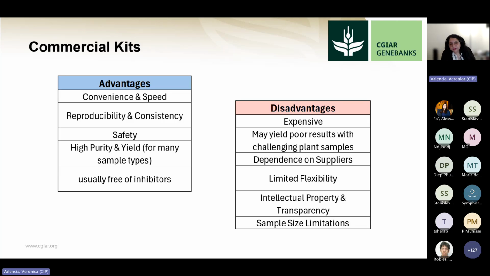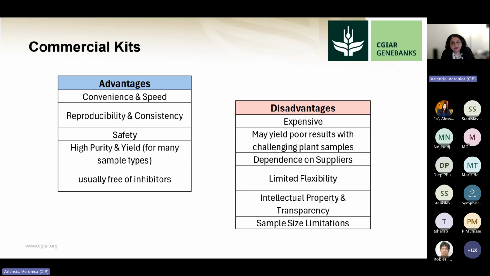The other thing that I already mentioned is the intellectual property and transparency, because sometimes we don't know, for instance, with the dilution buffer, right? We don't know if it is nuclease-free water, or Tris-EDTA, or another thing. So sometimes they don't specify what their reagents are.